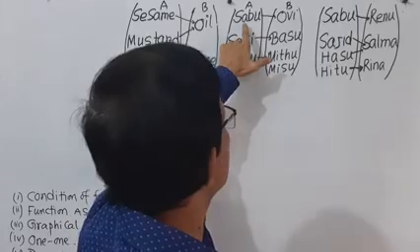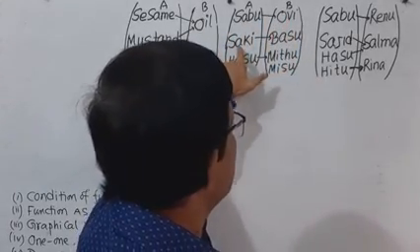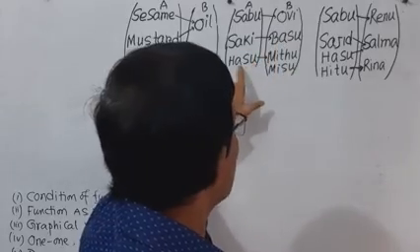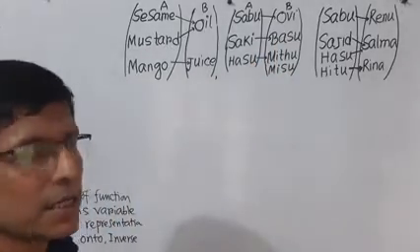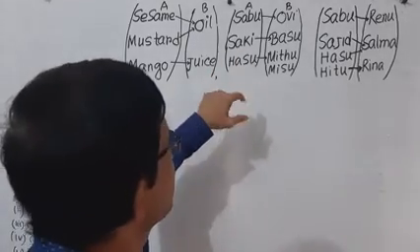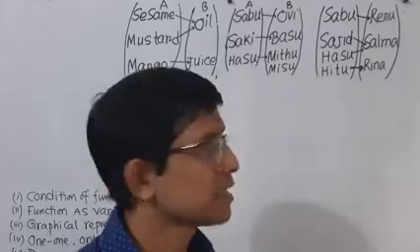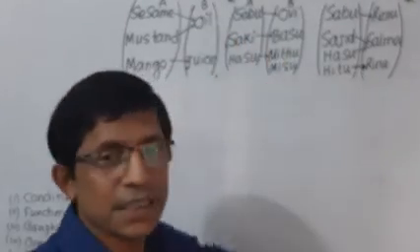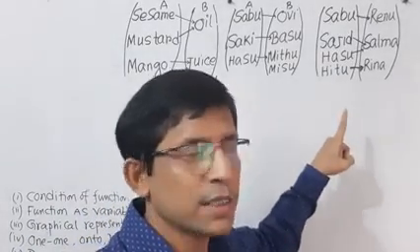So the individual Shabu outputs Obi, individual Shaki outputs Basu, individual Hashu outputs Mitu. Okay, so this is the relation between the first set and the second set, and this relation is a function, and also it is a one-one function.